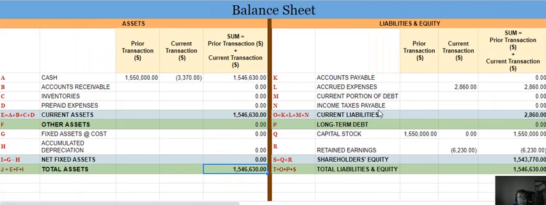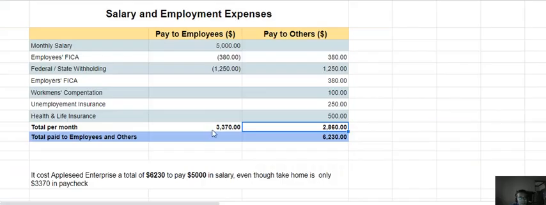So let's revisit what entries I made for this financial transaction. First, go to this salary and expenses. Here you can see $3,370 is my take home, and $2,860 is the amount Appleseed Enterprise needs to pay the government, insurance companies, and other agencies.